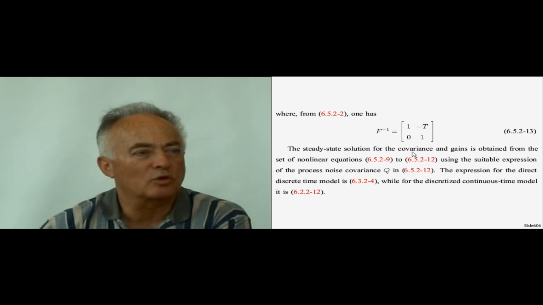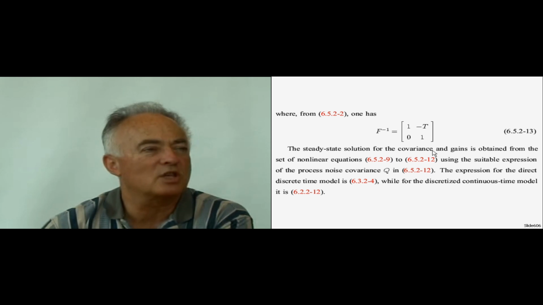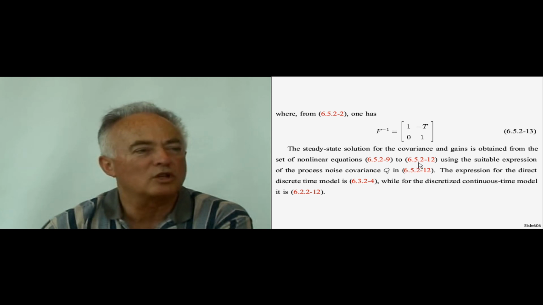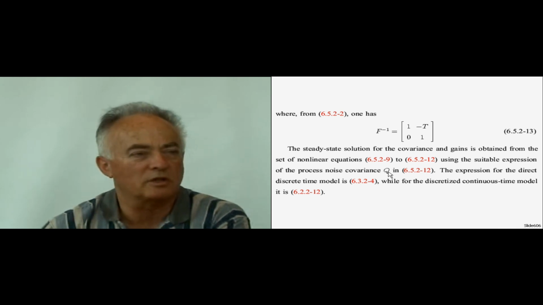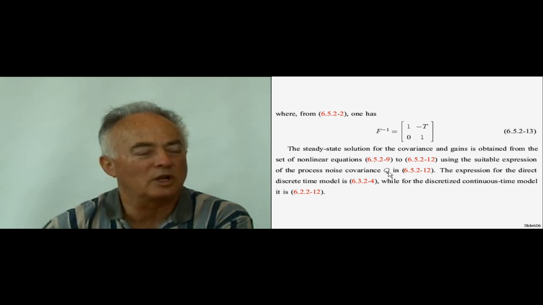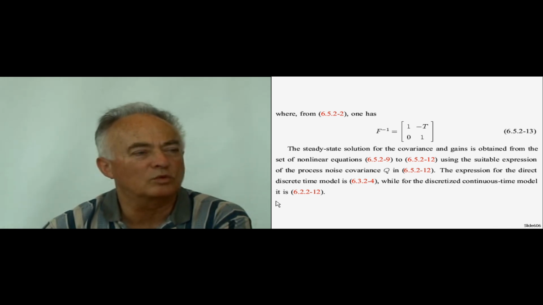Then the steady state solution for the covariance and gains is obtained from a set of fairly simple algebraic nonlinear equations using the expression of the process noise covariance Q. Here we have two versions, and that's why the derivation will have to be broken down into two: for the direct discrete time model, Q is in one expression, while for the discretized continuous time model, Q is in another.